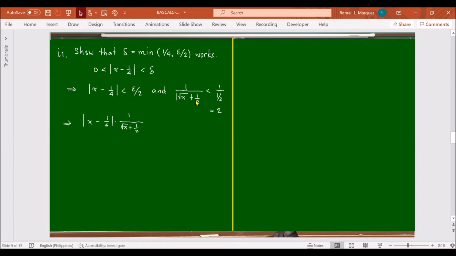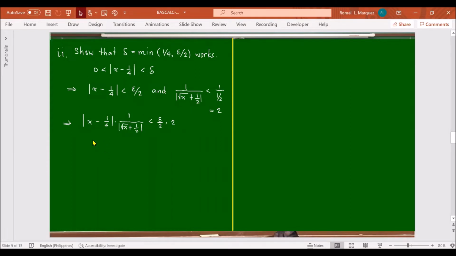If I take the absolute value of this, it is still the same. And this is less than epsilon over 2 times 2, since this one is less than epsilon over 2, but this one is less than 2.